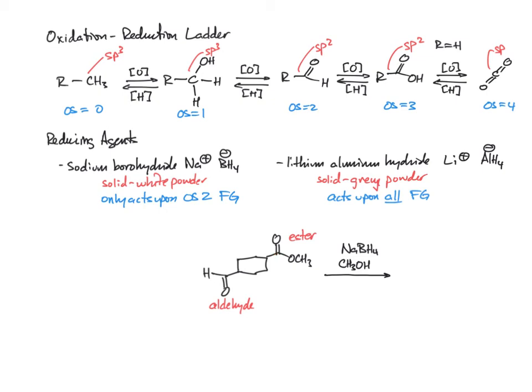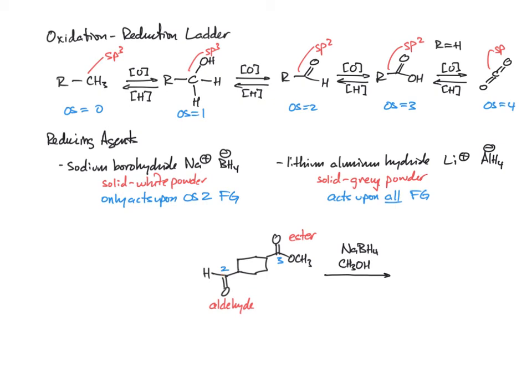So when we look at this molecule, another thing we can do is just write the number. We have an aldehyde. This is oxidation state 2. The ester is oxidation state 3. So based on this knowledge, this reagent is only going to reduce this functional group. And it's going to do it in a one-stage reduction.